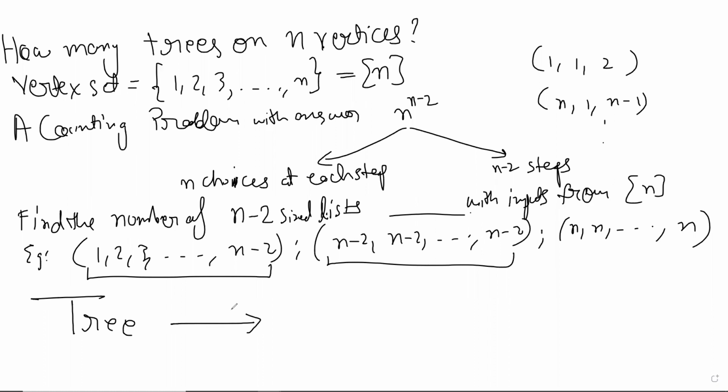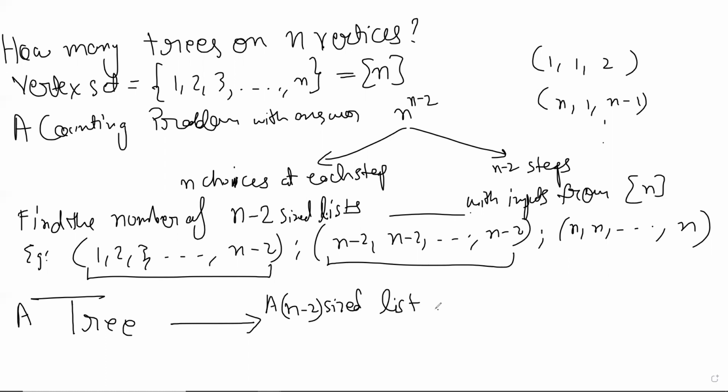And from a tree, we are going to very cleverly, obviously it's not my method, but we see the principle, associate an n minus 2 sized or length list with inputs from 1 to n. We will do this for every tree.